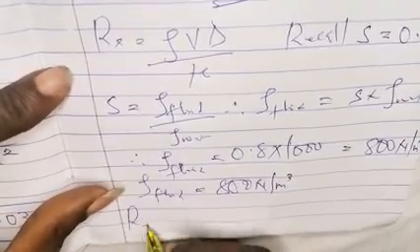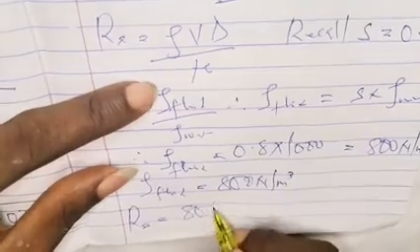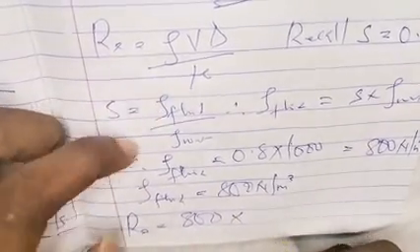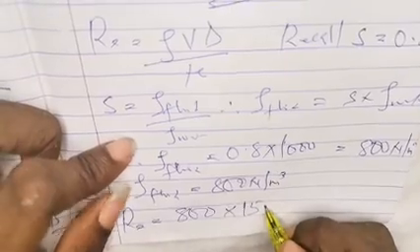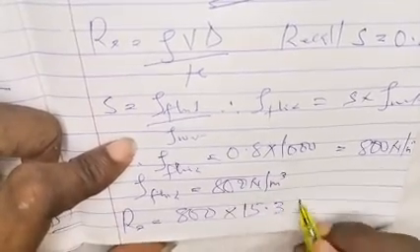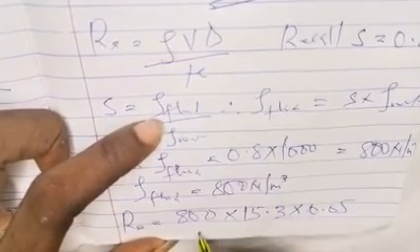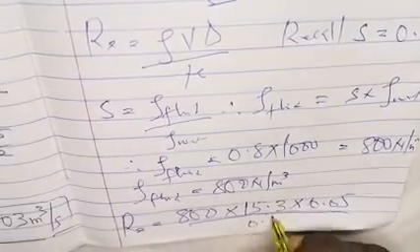So Reynolds number is now equal to rho, which is now 800 density, times average velocity, which gave us 15.3, multiplied by diameter, which gave us 0.05, all over mu. Mu is the coefficient of viscosity, which is 0.1.